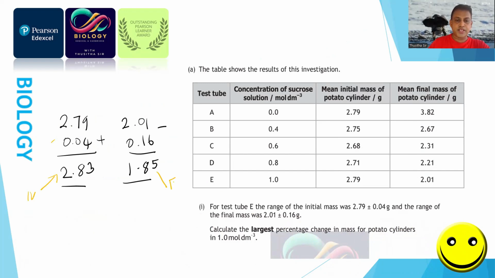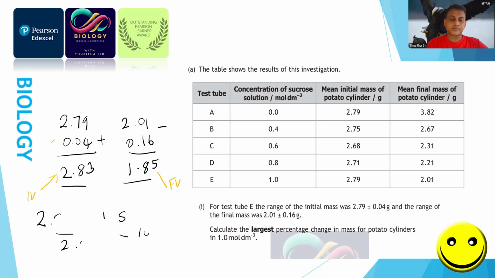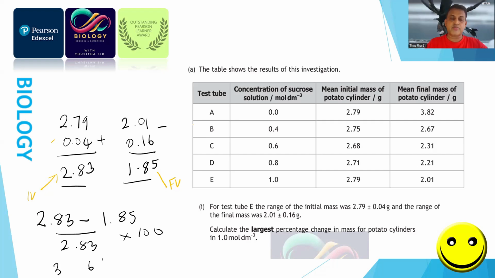This one is my final value. And for the percentage calculation, the difference of these two values is divided by the initial value multiplied by 100. So here's the difference divided by the initial value multiplied by 100. 34.6 is the answer.